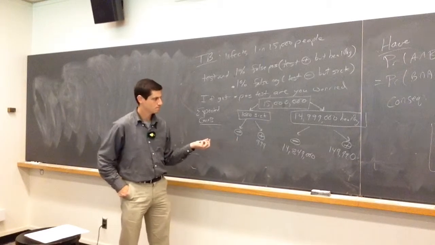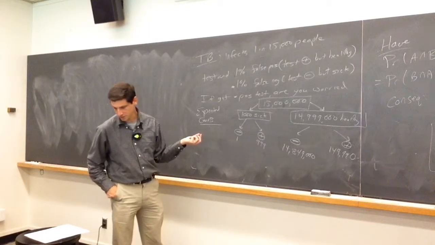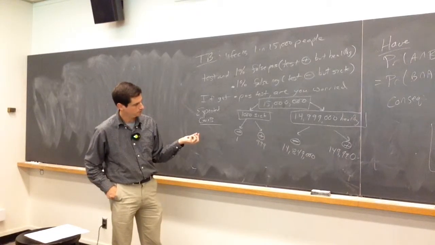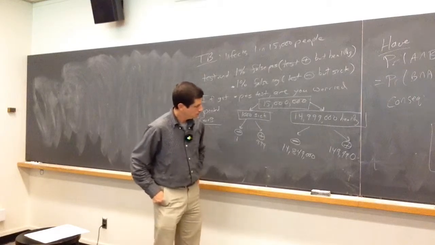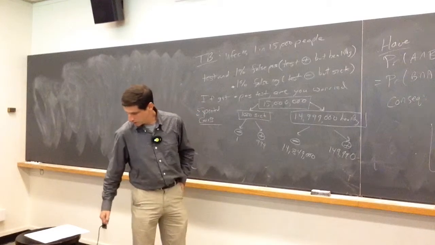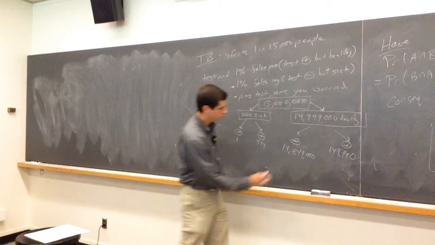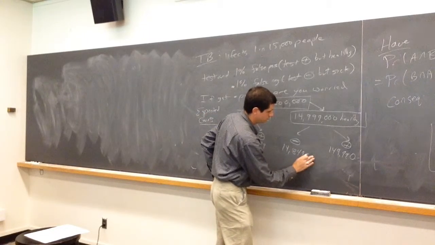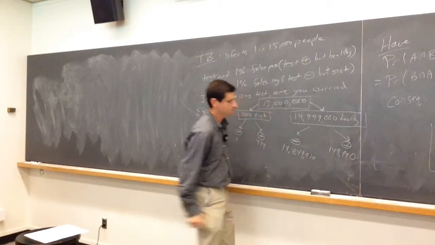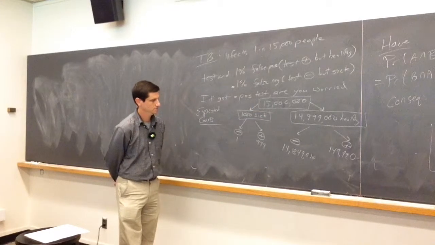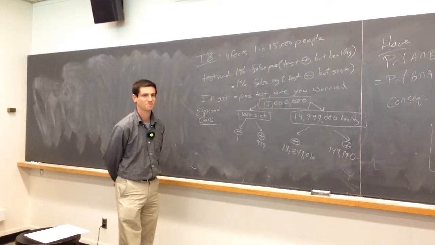Should be 14,850,000. Oh, did I make an algebra mistake? It should be 0, 1, 0. Yes, that's right. Forgot about those poor 10 people.